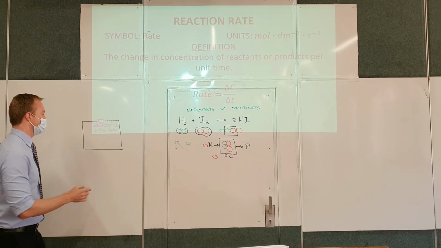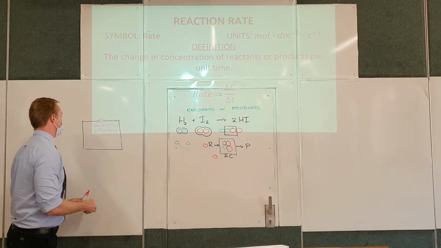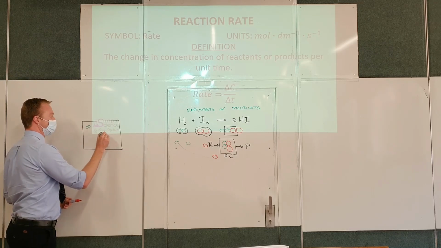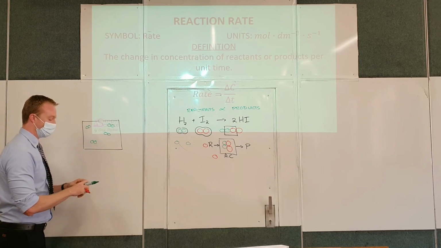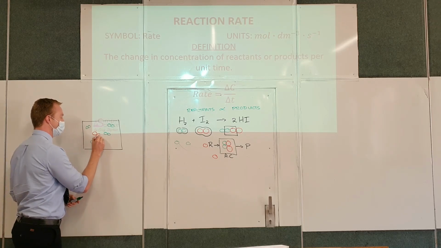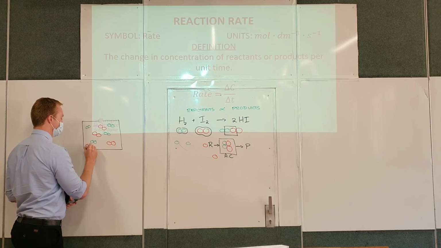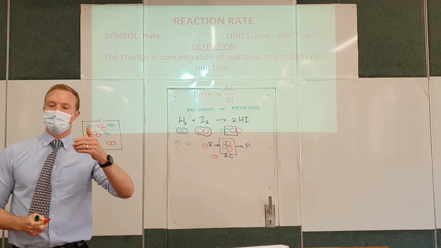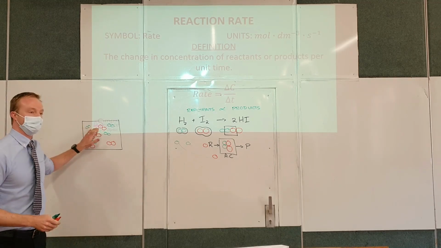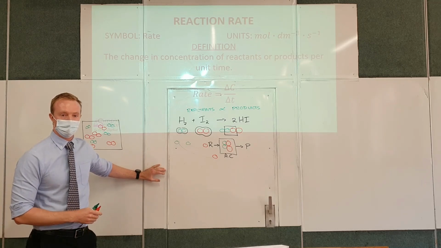If we put a container in here that contains, let's stick to the hydrogen iodine example, a whole bunch of hydrogen molecules along with a whole lot of iodine molecules, you need to accept that a lot of the time they are going to collide and one or more of the conditions is not going to be met.